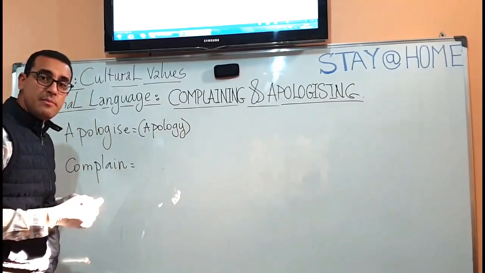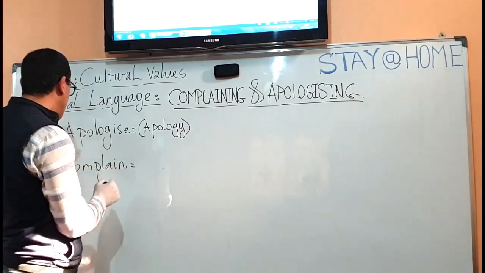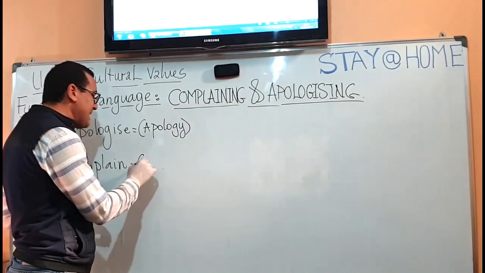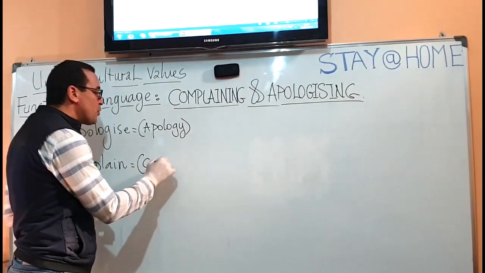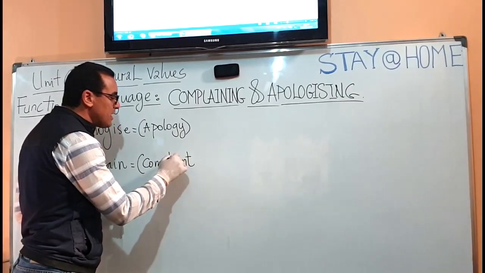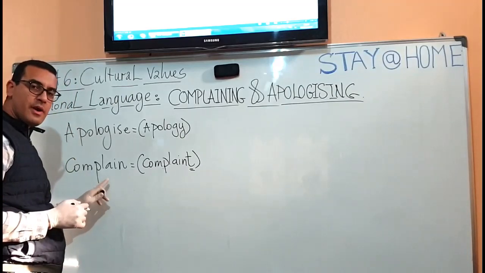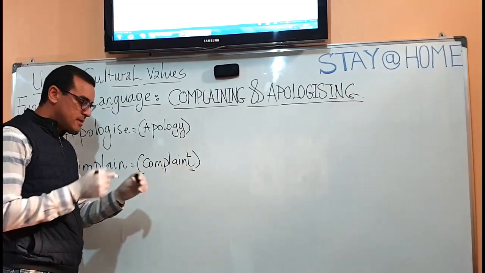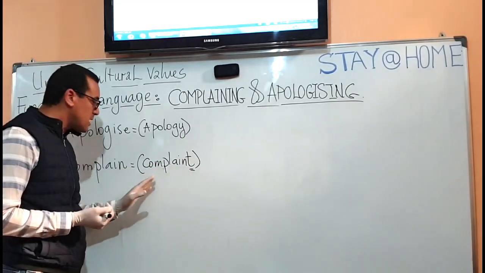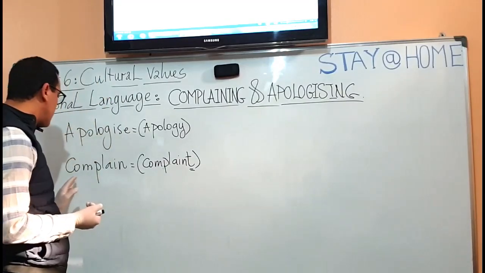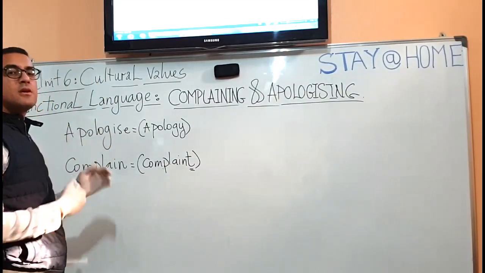We're going to see what we mean by apology. And the noun from the verb complain is complaint with T, please. I insist on this, T. If you want to make a noun from this verb, you should add this suffix, the T. It's complaint. Okay? So we have apologize and complain.